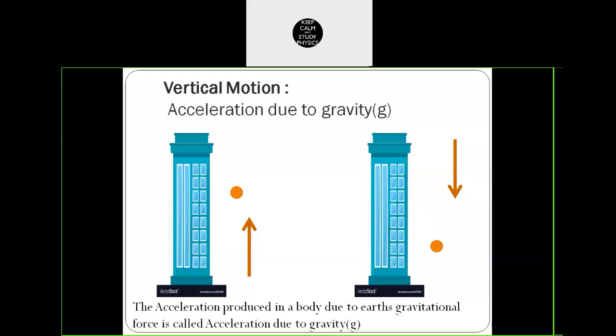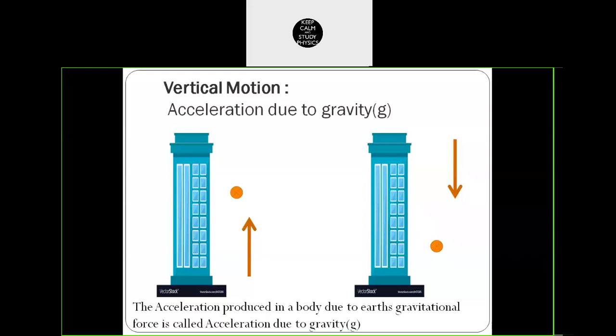Okay, who is giving that acceleration? Whenever there is an acceleration, there must be some force acting on it, as we just discussed. Then it is the gravitational force which is giving this acceleration in the ball.